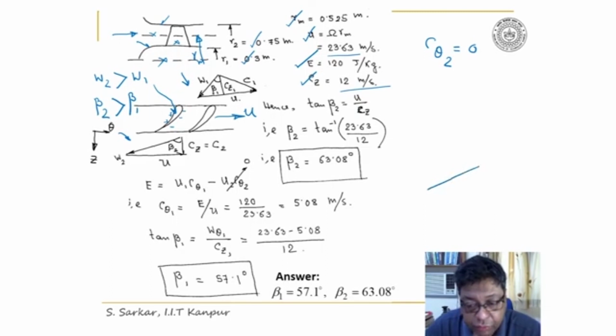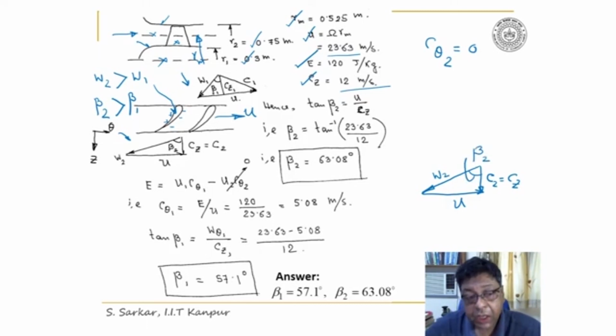So this is W2 and this is U, and this will be Cz or C2. So C2 will be equal to Cz, and this is W2, and this is U, and this is beta 2.